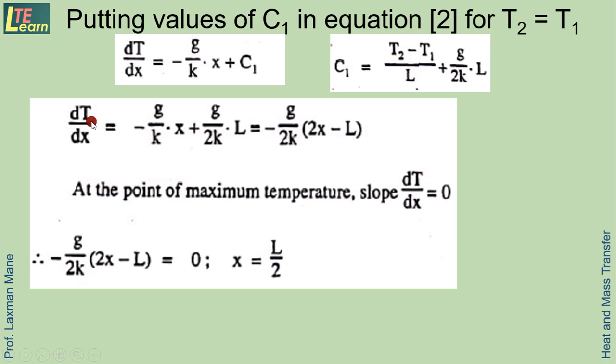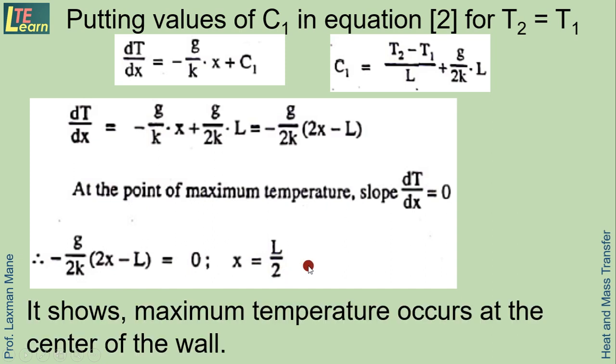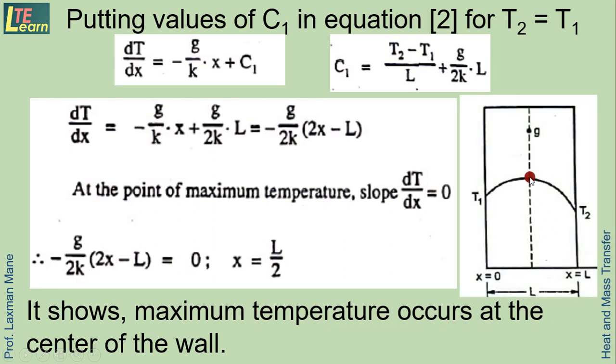So equating dt by dx, this equation, equal to 0, we find the value of x, that is L by 2, that is half of the wall thickness. It means the maximum temperature occurs at the center of the wall.